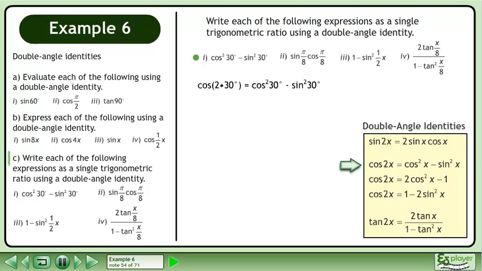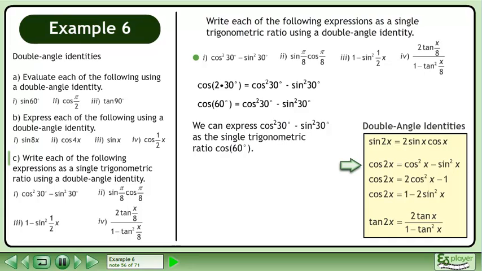Plug 30 degrees into the left side of the equation. This gives us cos of 60 degrees equals cos squared 30 degrees minus sine squared 30 degrees. We can express cos squared 30 degrees minus sine squared 30 degrees as the single trigonometric ratio cos of 60 degrees.